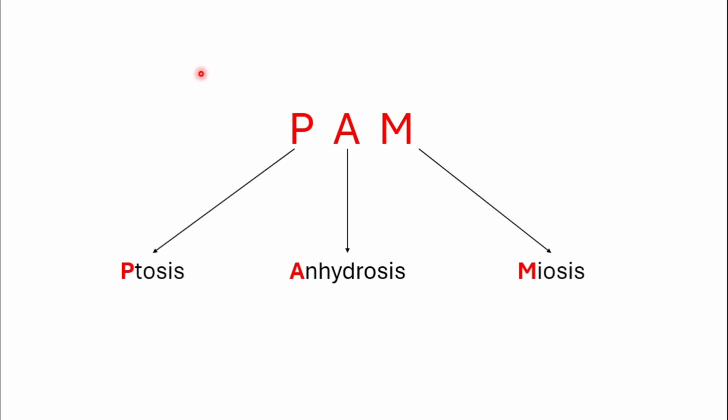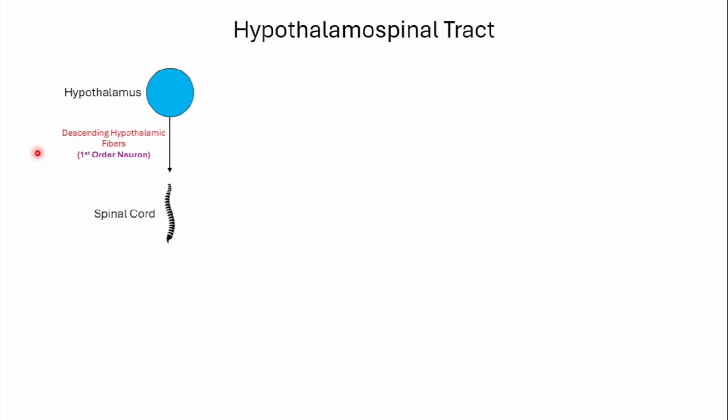Now all we have to do is to talk about the hypothalamospinal tract and the types of lesions that can happen within the tract. The hypothalamospinal tract has 3 order neurons. It starts from the hypothalamus and gives off some descending hypothalamic fibers which serve as our first order neuron. The tract then descends through the spinal cord until it reaches the level of T1.